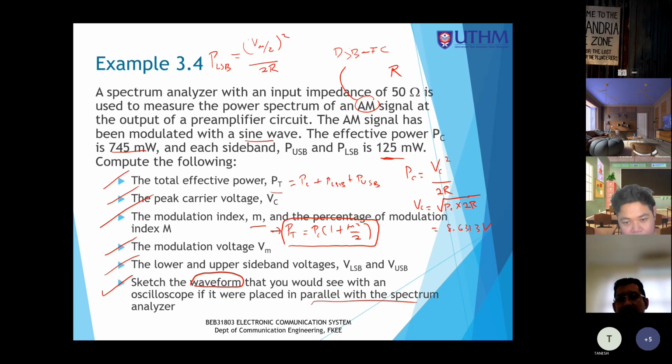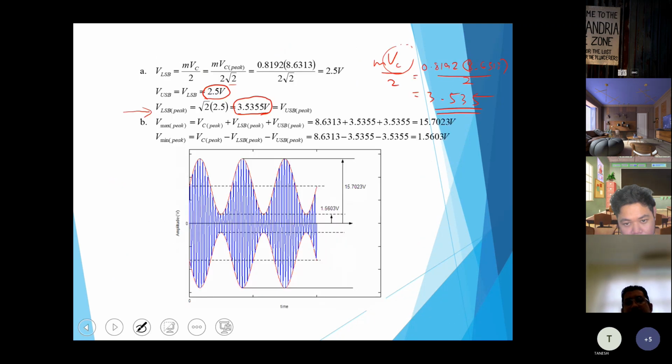So ini jangan confuse lah. So dia nak cari waveform of the AM signal. Okay. Again, kalau you nampak, dia akan cari nilai Vmax dan juga Vmin. So Vmax adalah VC plus VM.